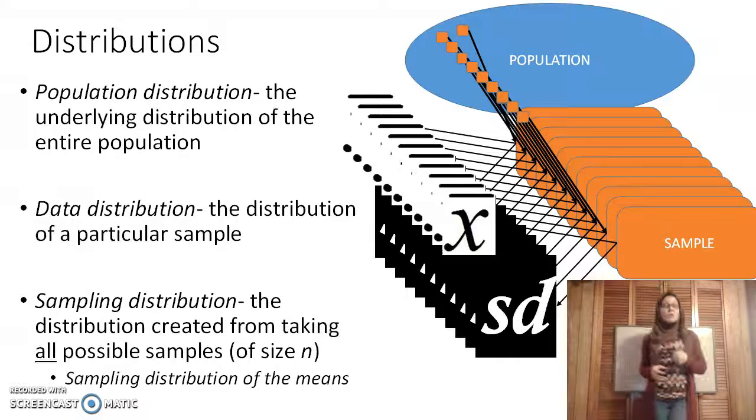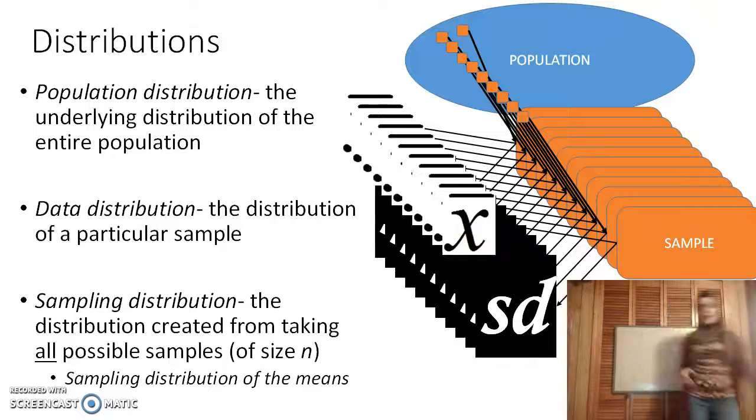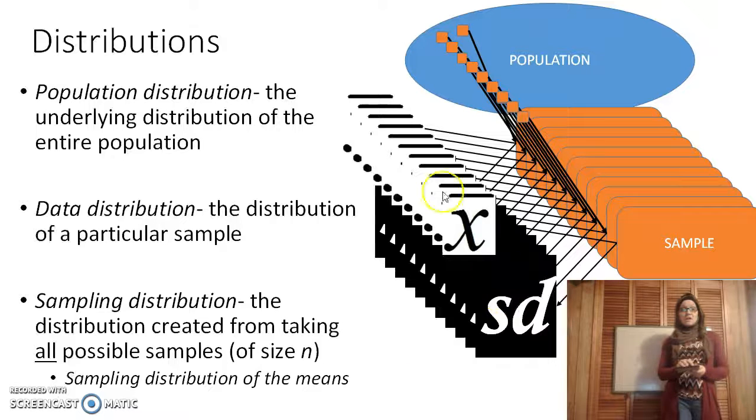So on your note sheet, question 1 asks you, what statistics can be used to create a sampling distribution? Well, in this class, we're going to focus on the sampling distribution of the means. But besides that, check this out. I've got 10 means, so I can get a sampling distribution of the means, but I also have 10 standard deviations.